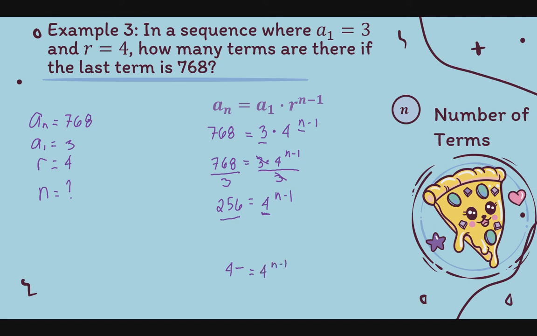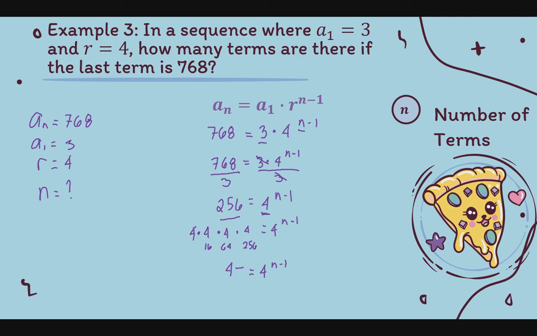So, magiging 4 times 4 is equal to 16. Times 4 will be equal to 64. And times 4 will be equal to 256. So, meron tayong 4 na 4 para makuha yung 256. Kaya, 4 ang ilalagay natin dito.